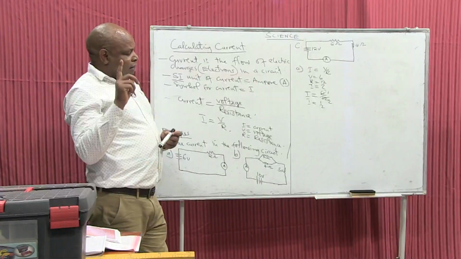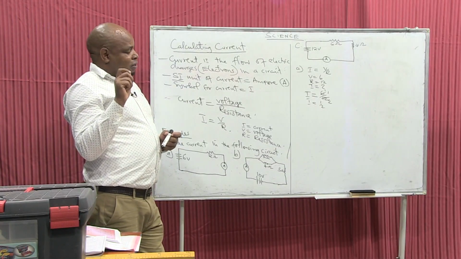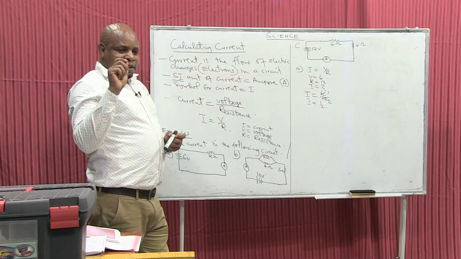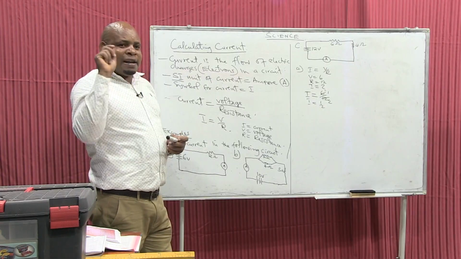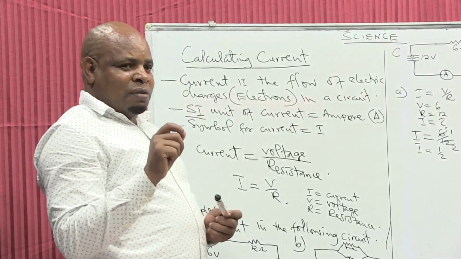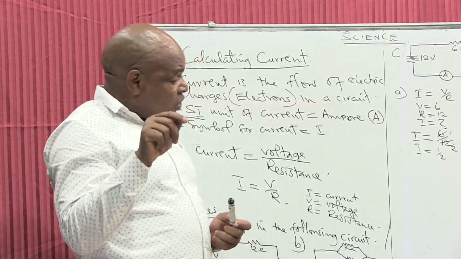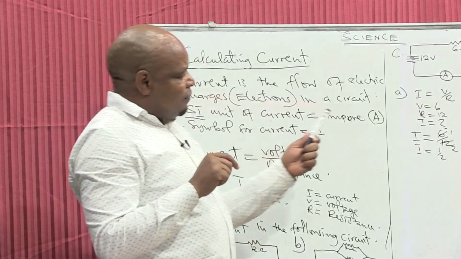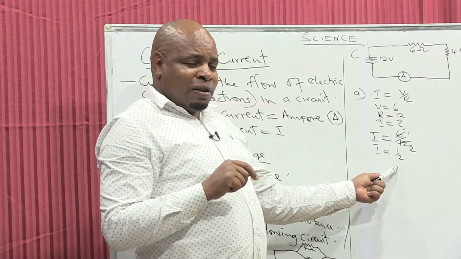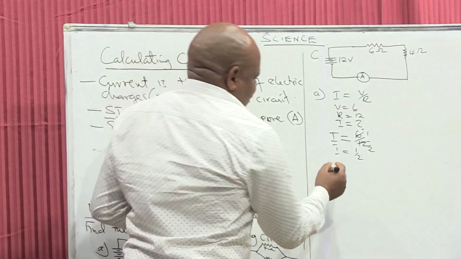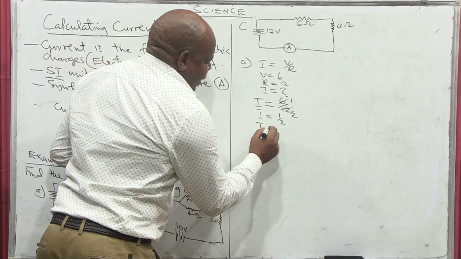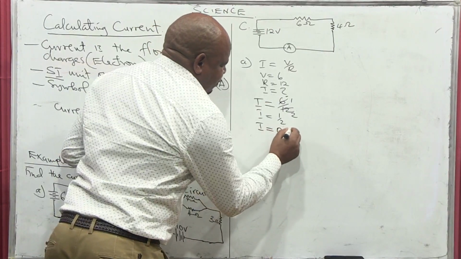Remember I said in science, your answers should be in decimal places unless you have been asked by the examiner to give the answer in fraction form. So our final answer, current, is 0.5.